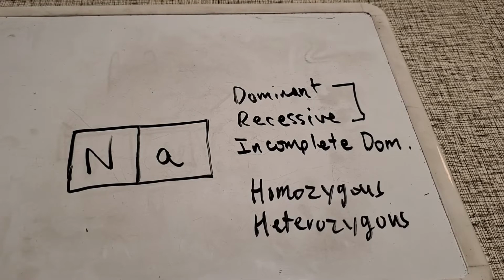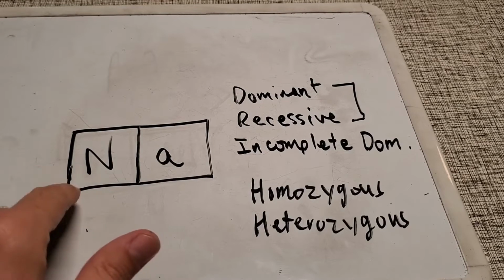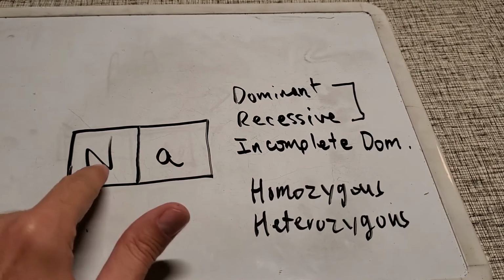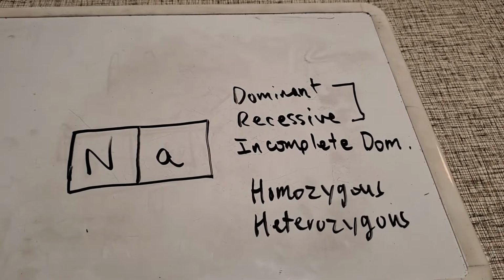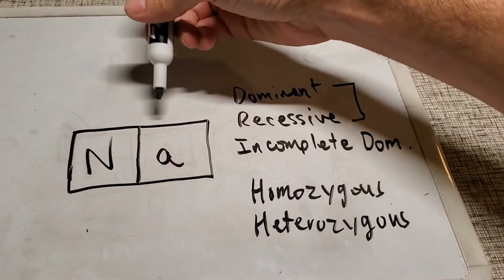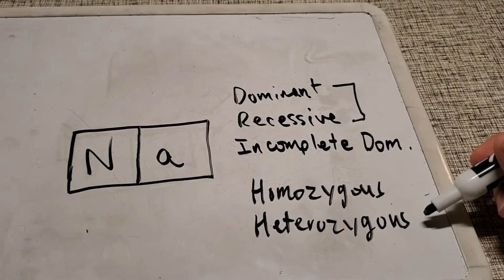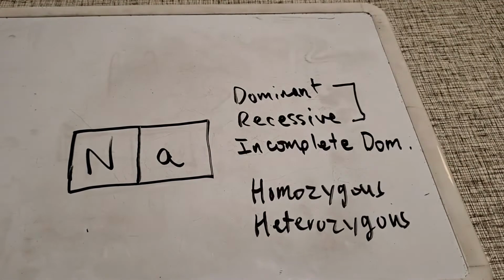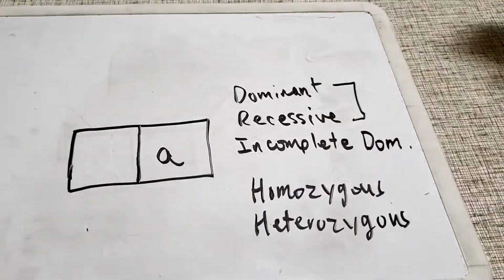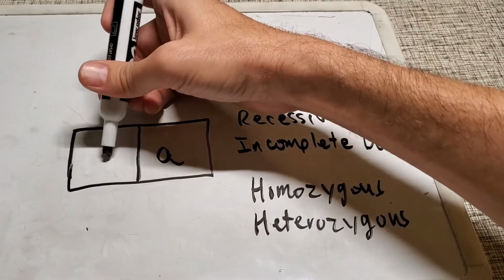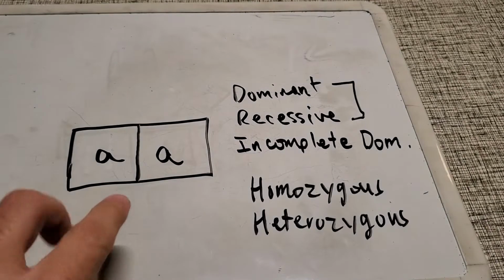This will look like a normal ball python because albino is recessive and normal covers it up, okay? And this animal here is going to be said to be heterozygous for albino because heterozygous means that you have 2 different copies.